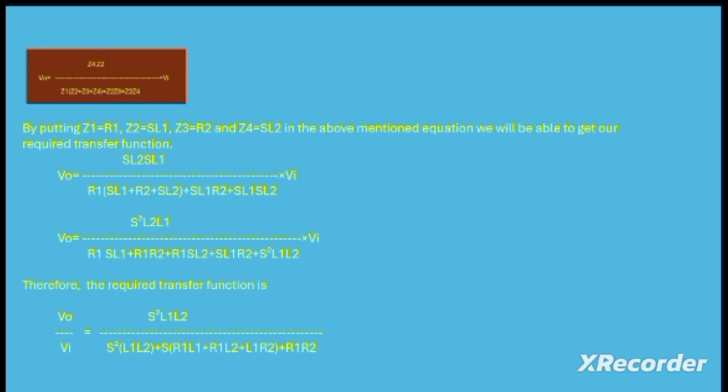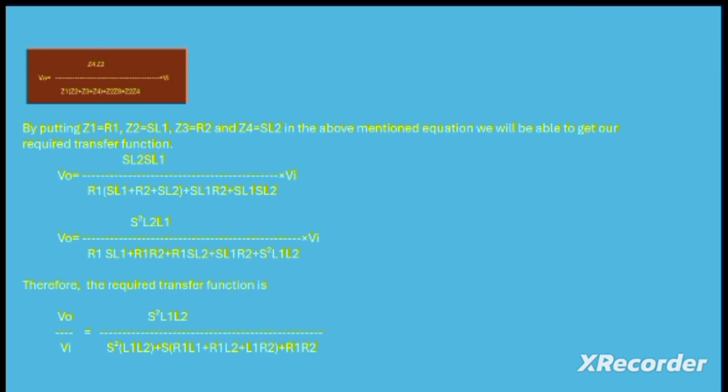Now by putting Z1 equal to R1, Z2 equal to SL1, Z3 equal to R2 and Z4 equal to SL2 in the above mentioned equation, we will get our required transfer function.